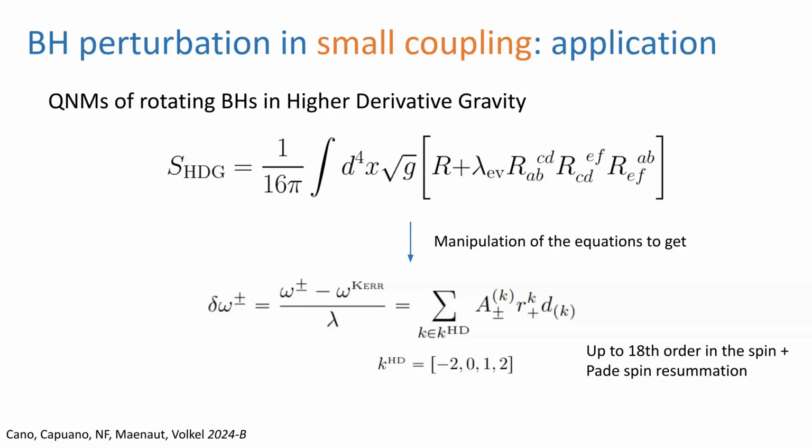And there was a previous paper where they computed the QNMs of this case with direct integration. I don't remember the details of the computation, but we checked independently that the results are correct and they match. So yeah, we did several checks to see if the expansion works.